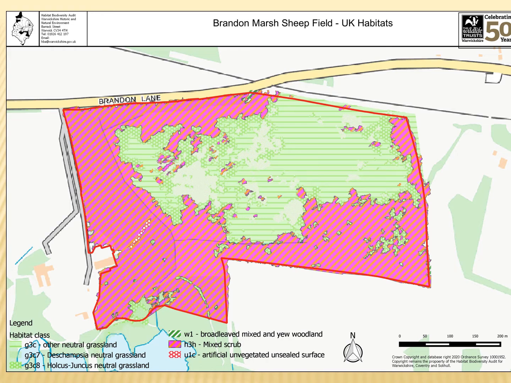The scrub area was identified using the remote sensing imagery and then a field visit just to confirm what had been identified. It would have been quite difficult to actually determine the extent of the encroachment without being able to use the UK habitat classification scheme mapped with remote sensing.